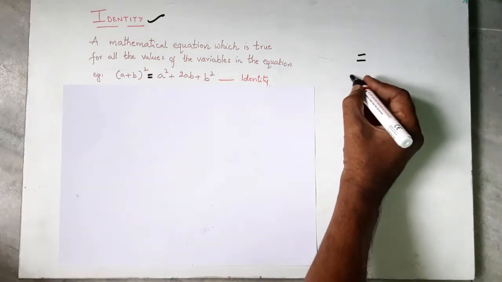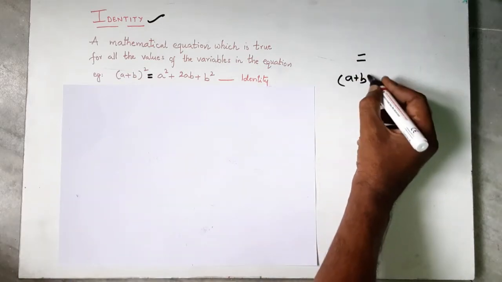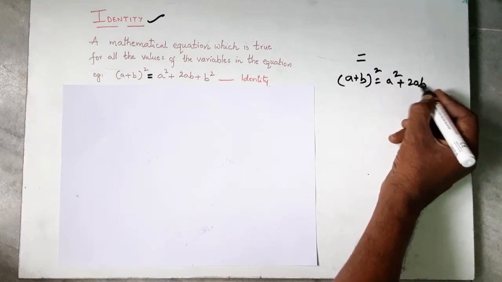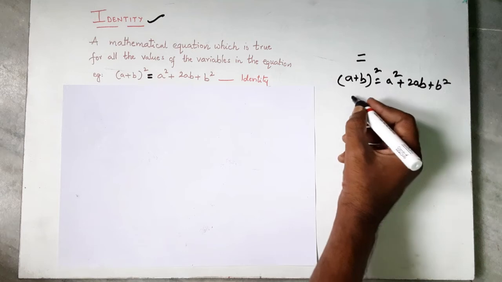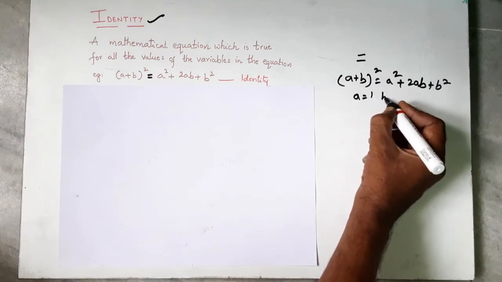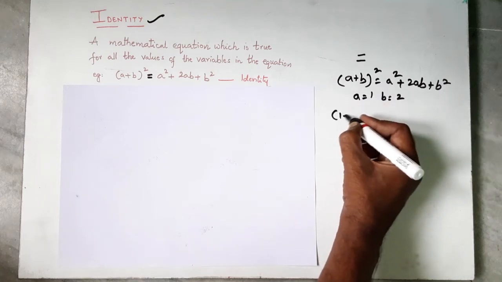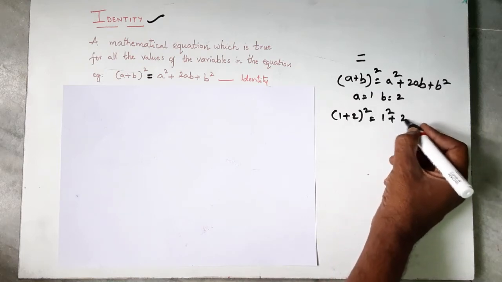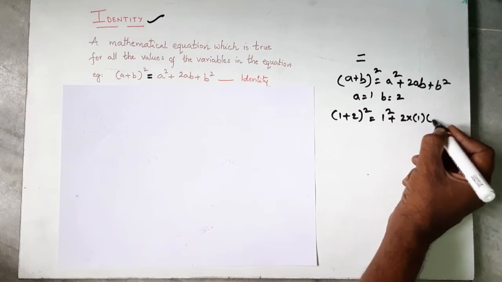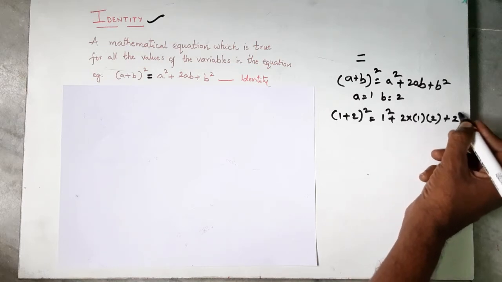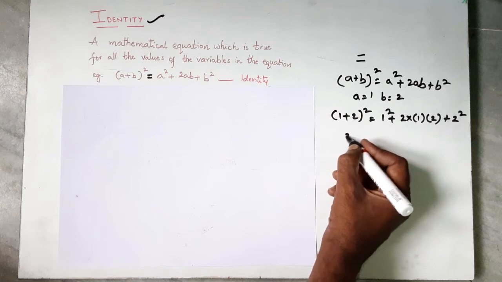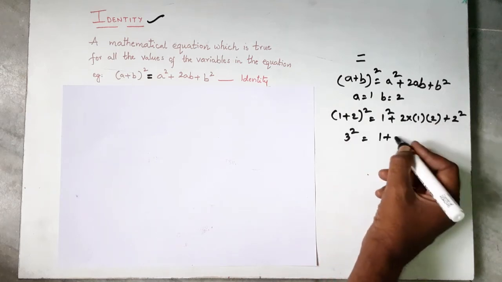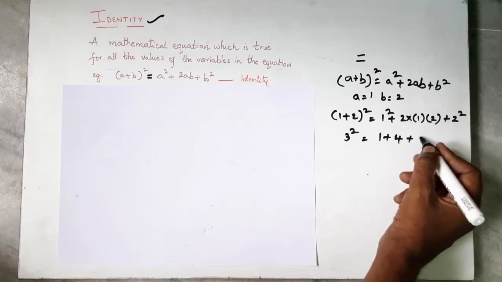For example, a plus b whole square is equal to a square plus 2ab plus b square. Substitute a is equal to 1 and b is equal to 2. 1 plus 2 whole square; 1 square, plus 2 into a is 1, b is 2, plus b square means 2 square. 1 plus 2 is 3 square; 1 square is 1, 2 ones are 2, 2 twos are 4, plus 2 square is 4.